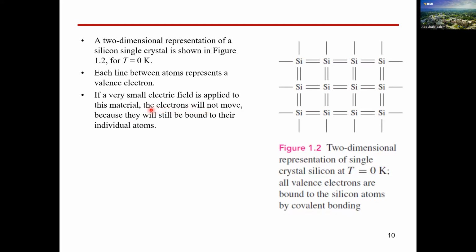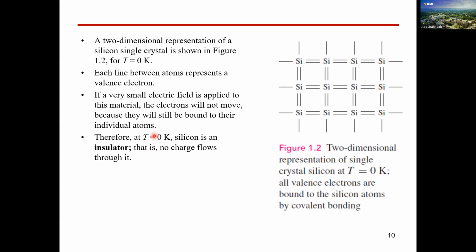So the electrons will not move because they will still be bound to their individual atoms, because it has a certain energy. And in order to release this electron, you have to break this bond.